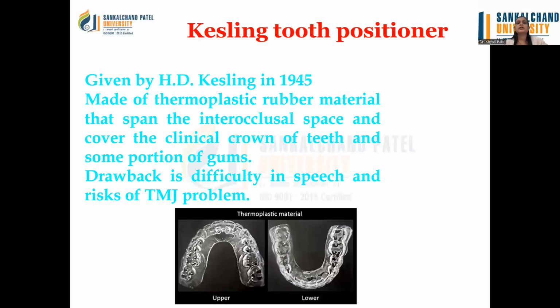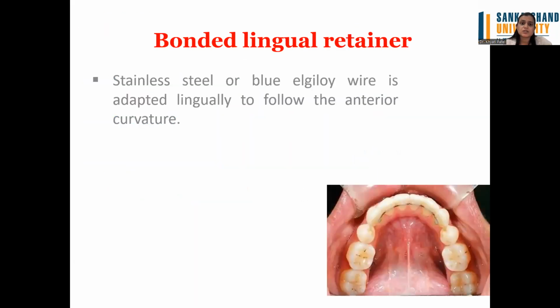Then we come to the Kesling tooth positioner. It was given by H.D. Kesling in 1945. It is made up of thermoplastic rubber material and it is clear, so it is very easy for the patient to wear. The only problem with this aligner is there is difficulty in speech and sometimes there is a risk to the TMJ.